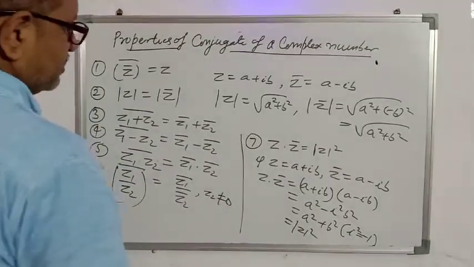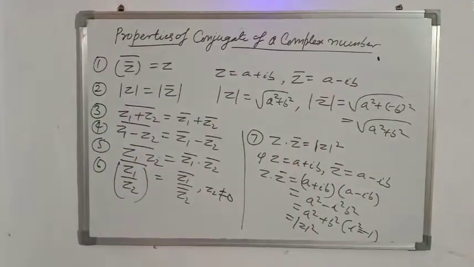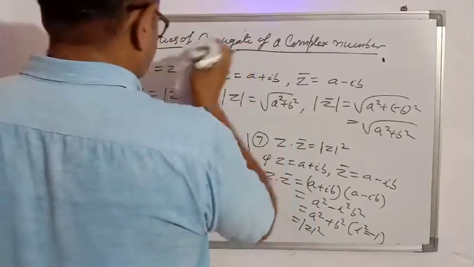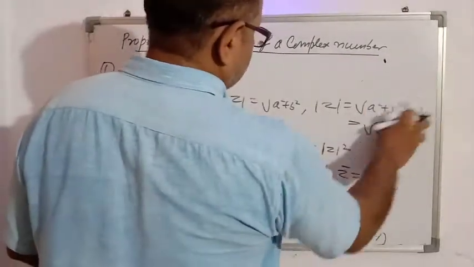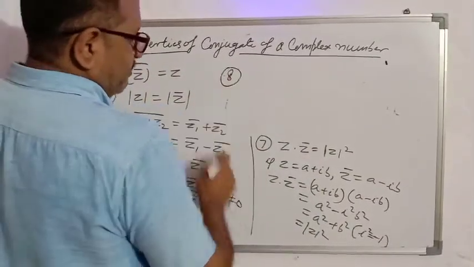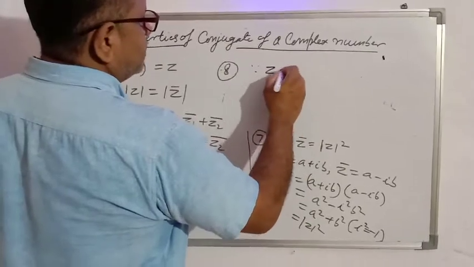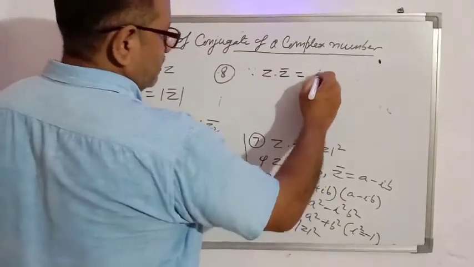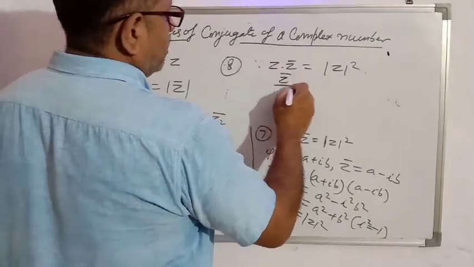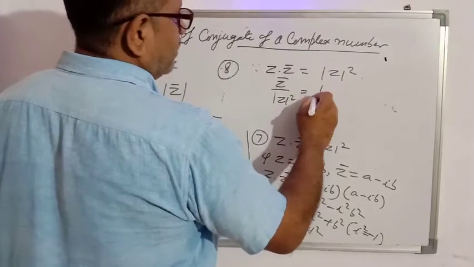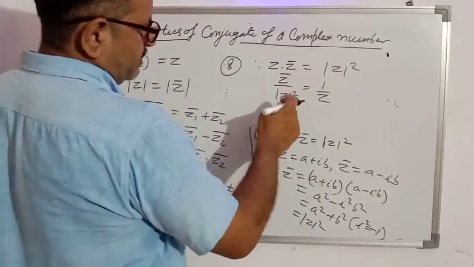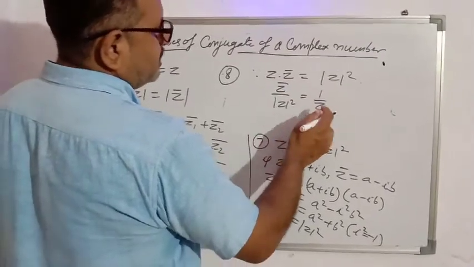Property number 8. Since z into z bar is equal to mod of z square, z bar upon mod z square we can write as 1 by z.